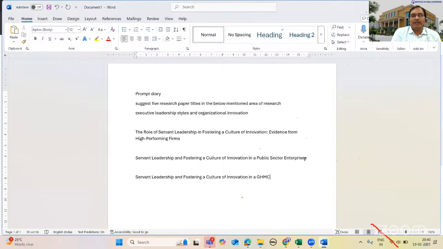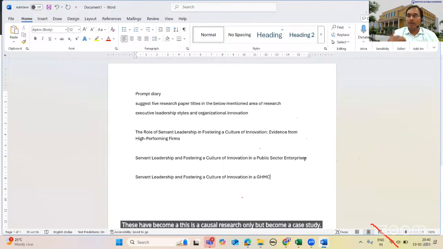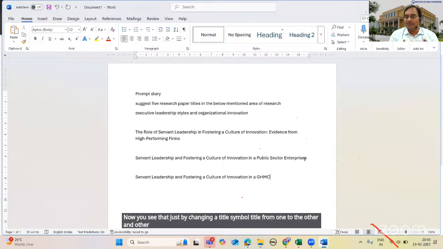Now, if there is servant leadership and fostering a culture in GHMC, this was a causal research, but now becomes a case study. Now you see that just by changing a simple title from one to the other, your research design will change. So that's the importance of your titles.